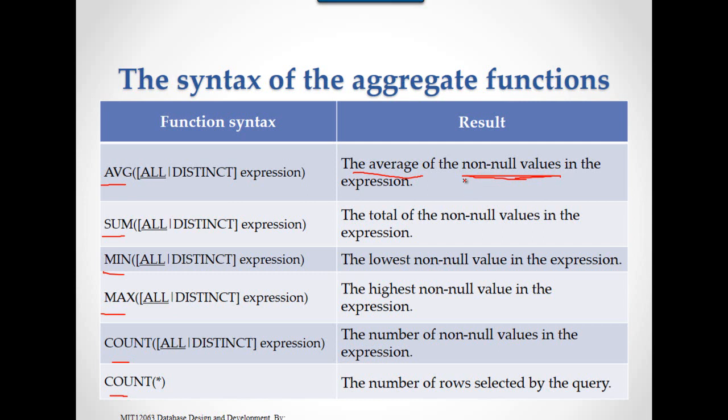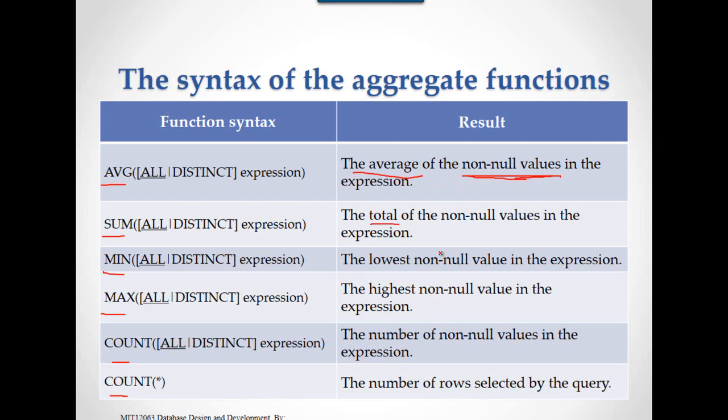So if there are 10 records in a table, and one record has a null value, the average will be found for only 9 records. The average of 9 records will be calculated, not 10 records, because the null values will be ignored.